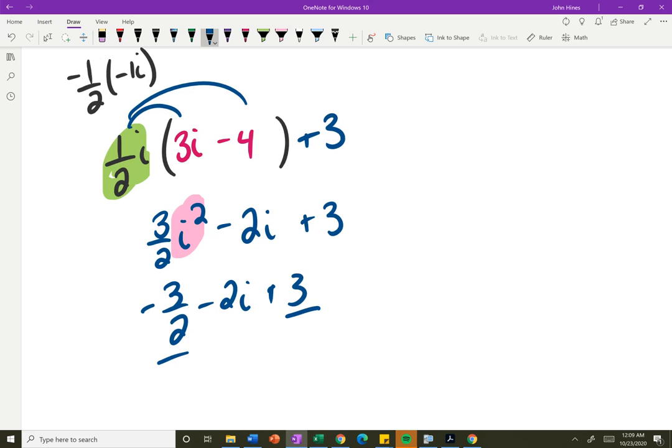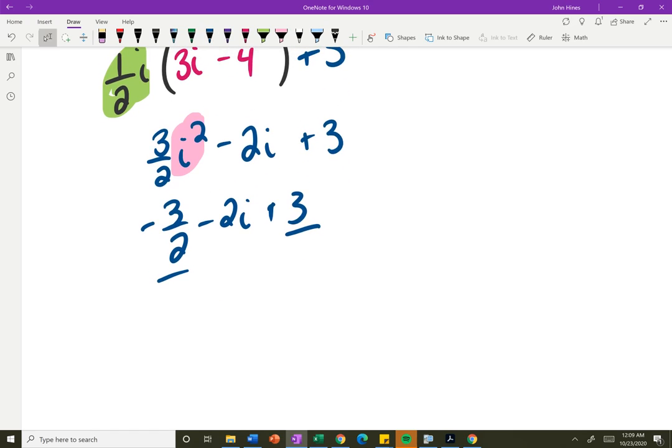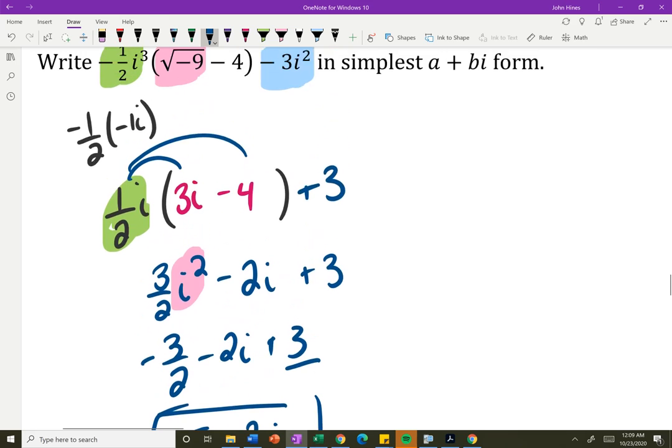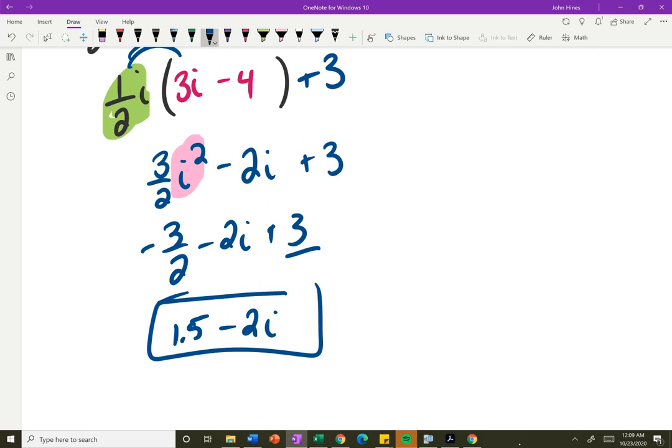And now I've got to combine my real pieces together. Negative 1.5 plus 3 is positive 1.5 minus 2i. Make sure you write it in real plus imaginary form. You could have left that as 3/2, or you could have gone as 1.5, but I combined my like terms right there.